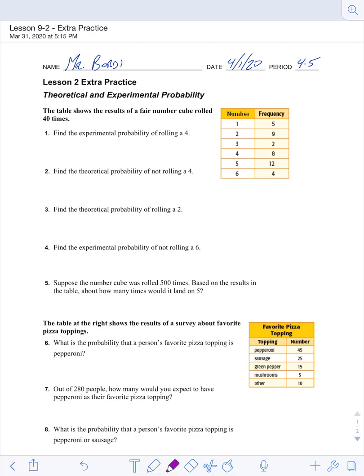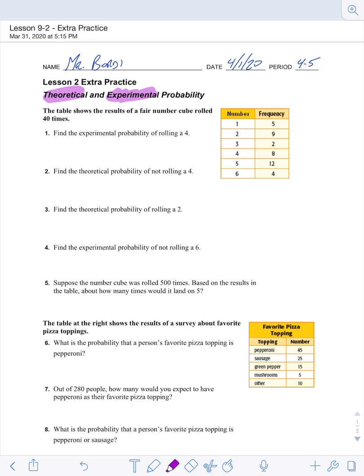Okay, talking about two things today: theoretical and experimental probability. If you read the notes and you copied them down, you remember seeing that the theoretical probability is what should happen in a perfect ideal world. That means if I flip a coin 2 times, there's 2 options.